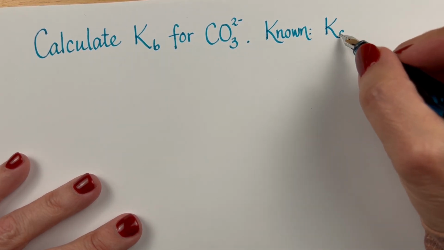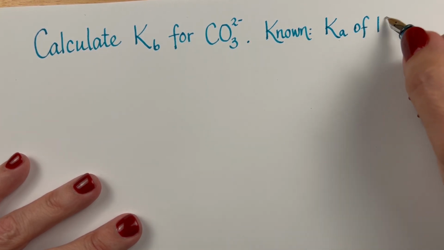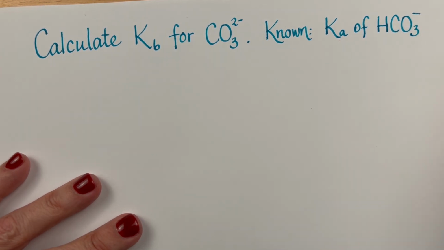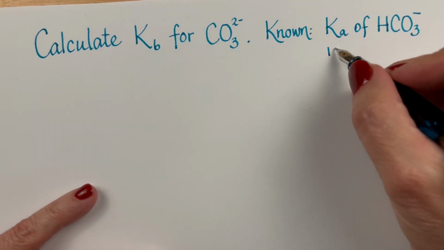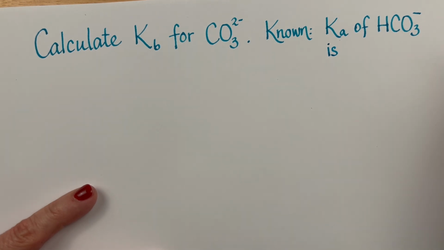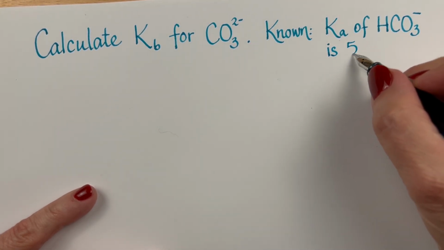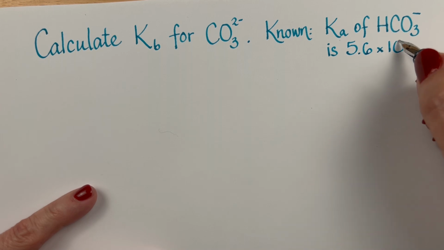The Ka of bicarbonate, HCO3 minus. You could look this up in a table. And in the table that I used, I saw that its value was 5.6 times 10 to the minus 11.